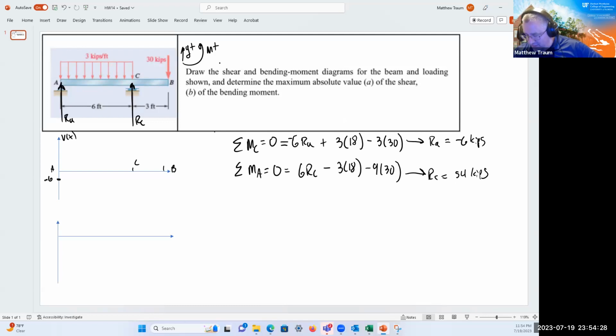I don't know what the value is at C, but the slope is going to be basically a linear constant negative. And when I get to C, I'm going to have this reaction force RC. It's going to jump up, and I don't have any load from C to B, so I'm going to have a constant value. And then I've got my 30 kips pointing down, which gets me back to 0 at point B. So that's the shape of the diagram.